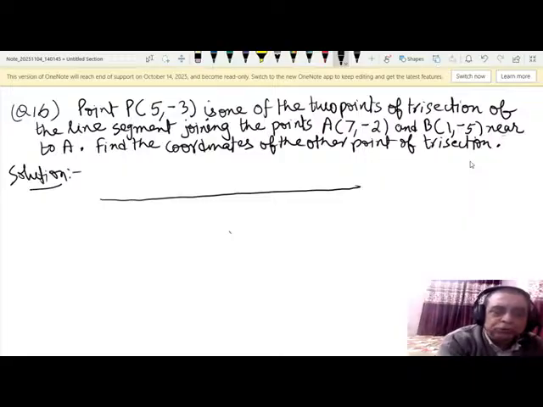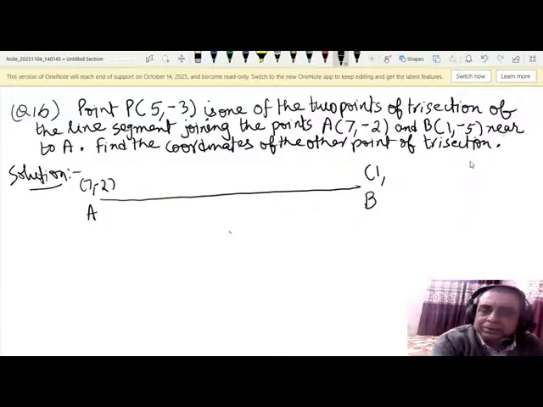So first you draw the straight line. You write the endpoints of this straight line segment as A and B. A coordinates is 7 comma minus 2, and the coordinate of B is 1 comma minus 5.